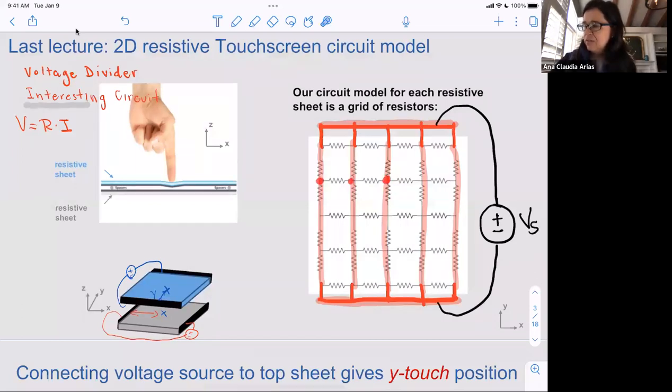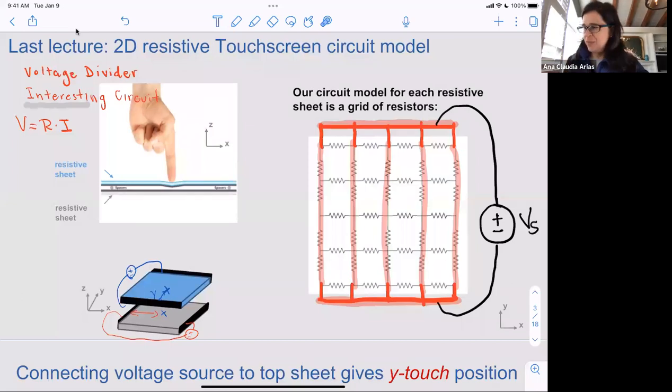We knew that the potential was the same across these nodes, and that there was no current going through here when we connected the top plate. In our model, the top plate was red, that's why I'm doing it here in red. Last class, we only used three lines to analyze this, and it was a 3x3. So here is a slightly bigger one.